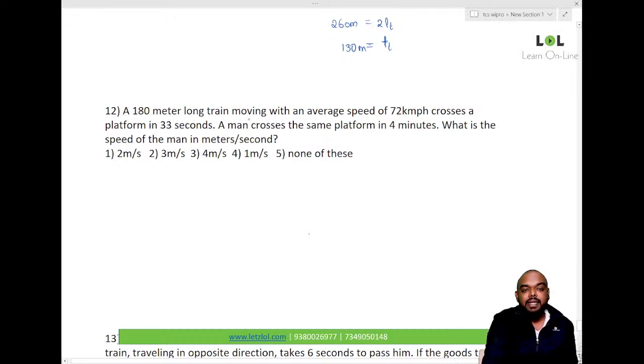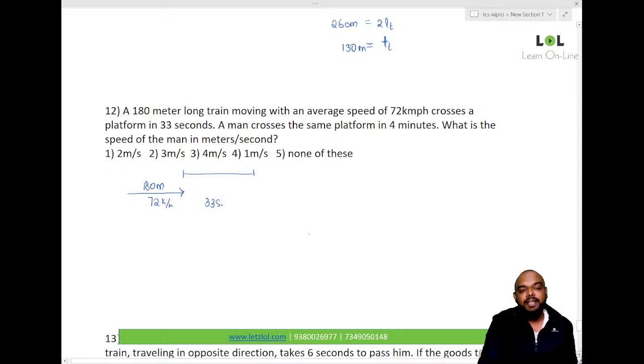A 180-meter long train, with an average speed of 72 kilometer per hour, crosses a platform in 33 seconds.